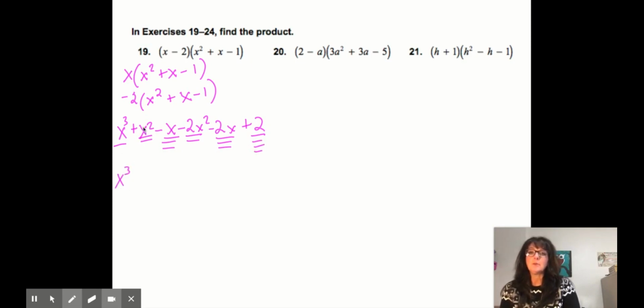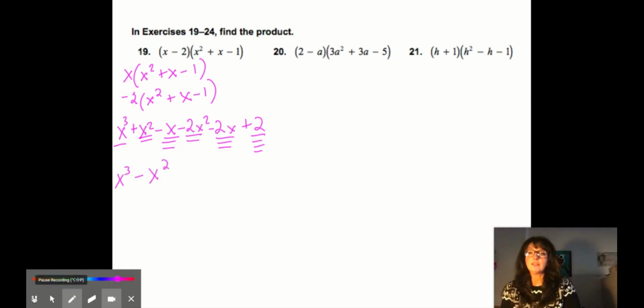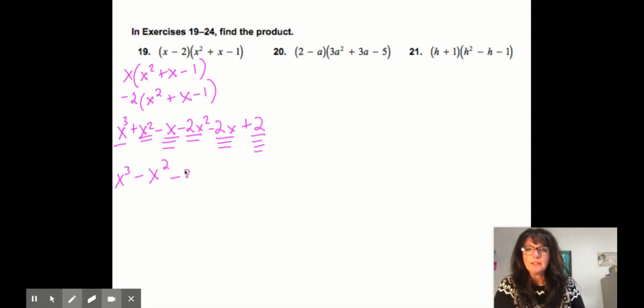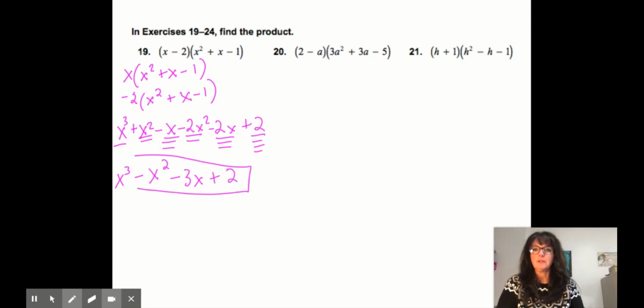So x cubed, and then we have 1, and then minus 2, so we'll have minus x squared. Then our third term is the x, so negative x minus 2x. So we'll have negative 3x. And finally, plus 2. So there should be four terms in this polynomial. Okay.